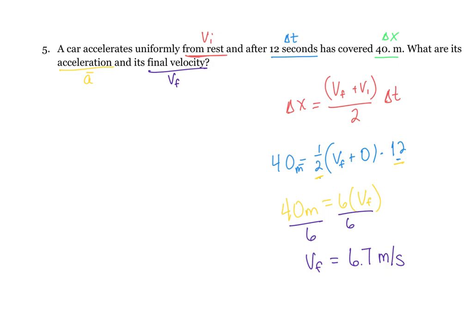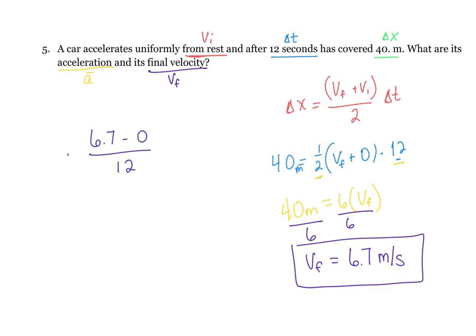So I'm starting again on this one with the second part of the question to figure out the first. Because once I have my final velocity, then I can just say, well, my final velocity minus my initial over my time, which was how long? We already know, 12 seconds, right?